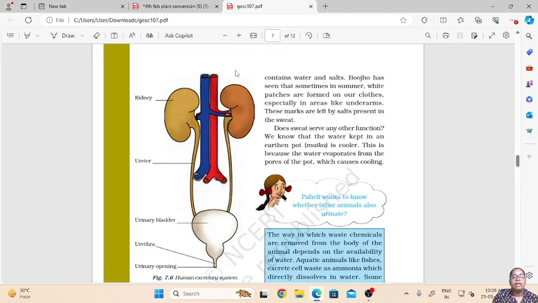The human excretory system, as you can see over here, consists of a pair of kidneys, ureter, urinary bladder, urethra and the urinary opening. These are the parts of the human excretory system. Now let us study the function and the mechanism of this excretory system in detail.